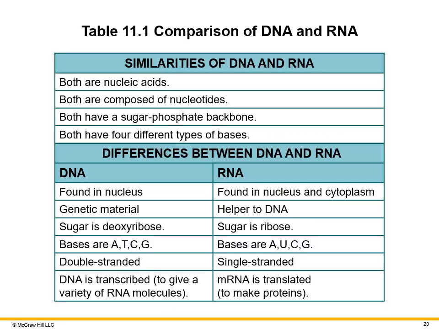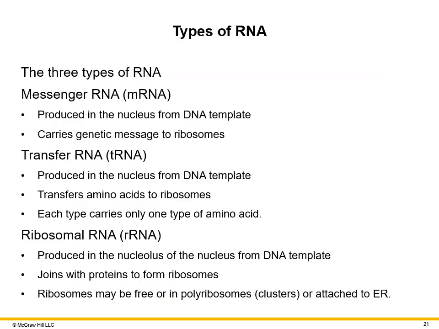So here's a comparison chart going over the similarities and differences between DNA and RNA. There are three types of RNA. We have mRNA, called messenger RNA, tRNA, called transfer RNA, and rRNA, called ribosomal RNA.